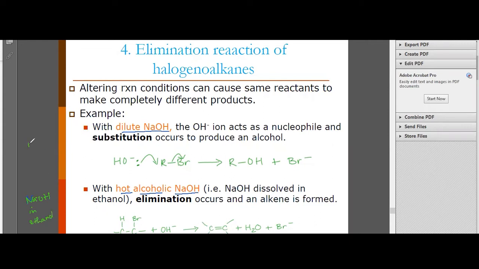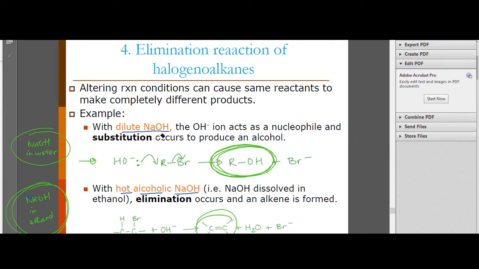Same reagent as the first reaction, which is NaOH in water. But if you use NaOH in water, then alcohol will be produced. But if you use NaOH in ethanol, elimination will occur to produce alkene.